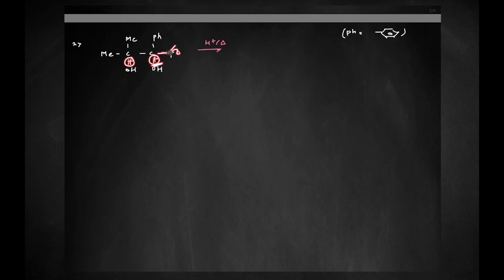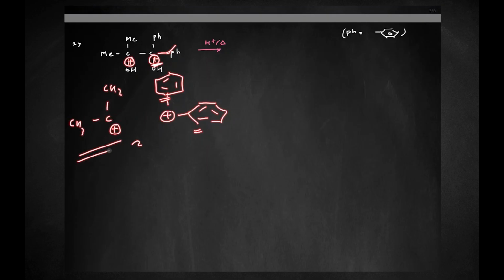Here the carbocation gets proper resonance stabilization from the phenyl groups, but here there are only methyl groups. So which carbocation is more stable? This particular one, because here there is resonance, and we know a resonance stabilized carbocation is more stable than hyperconjugation and inductive effect. Got it?